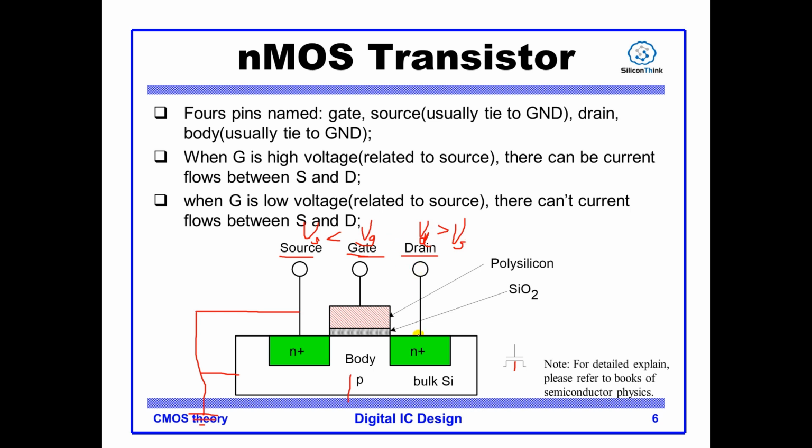Then there will be current flow. If the voltage on gate is smaller or equal to Vs, then the source and drain are cut off, and there can't be current flow between drain and source, even if you have voltage on drain greater than source. This is the behavior.